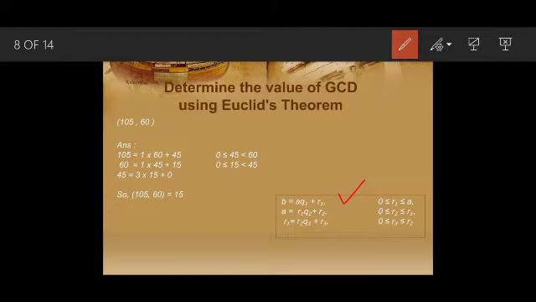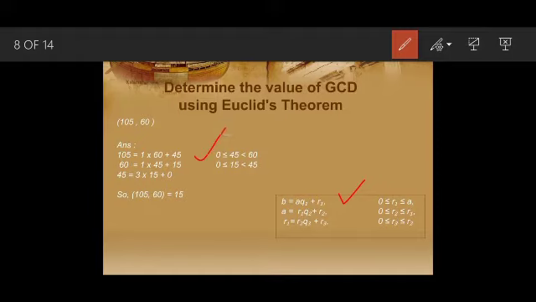Why is 60 multiplied by 1? Because if we take 2, the result will be greater than 105, which is 120. So we take 1. Then the result is 60. 60 plus how many will produce 105? 45. So we put the value into the equation, then 105 equals 1 times 60 plus 45.